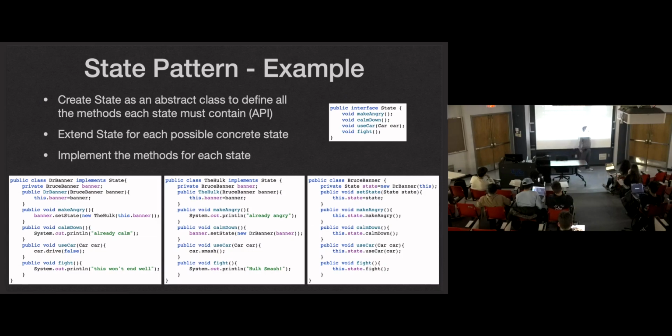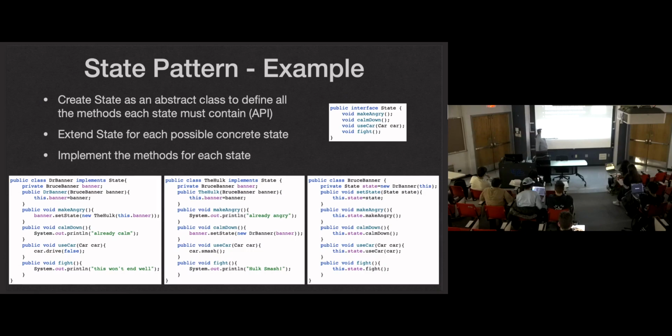This code is going to be executed during the construction of this Bruce Banner object, which sounds weird to say since he's a person. But when we construct a Bruce Banner object, this is a reference to the object being created. We're going to pass that to the Dr. Banner constructor. So it gets a reference to the Bruce Banner it's attached to and stores that in an instance variable so it remembers who it's attached to, which will be important for one of the next things that we'll talk about.